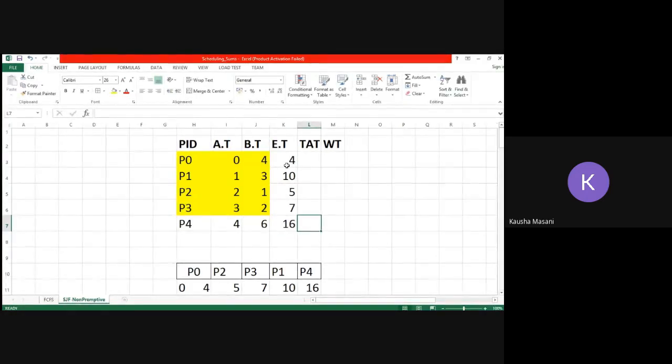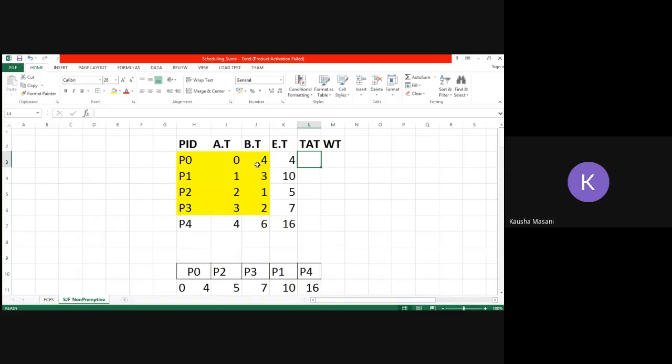Now calculate the turnaround time and the wait time for all of them. See, one more thing which you can cross check here is the total burst time. Here the total burst time is 16.